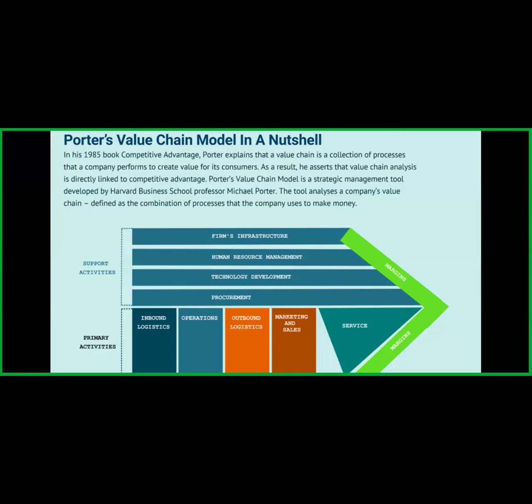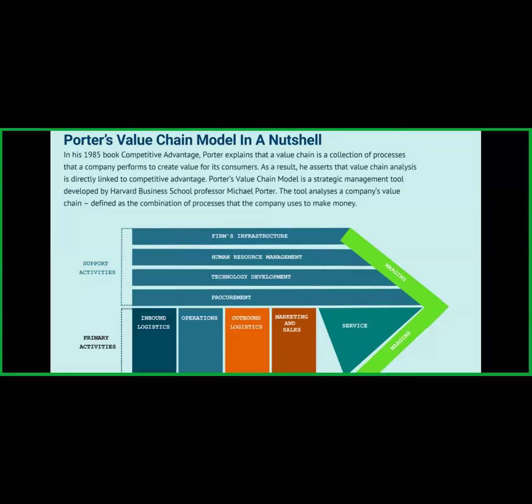And the last one is procurement. Procurement means from where we will be getting the raw material, how we'll be finalizing the vendor, what are the various parameters on which we will be finalizing the vendor, whether only price will be the parameter, or apart from price, the other parameters will also be included, like quality of the raw material or speedy delivery of the raw material.